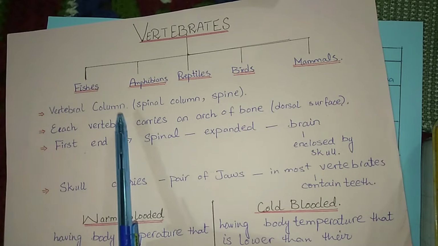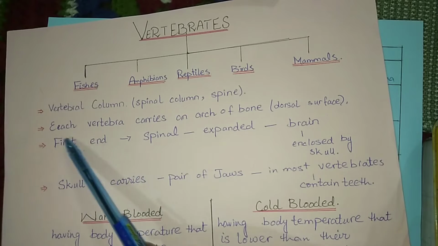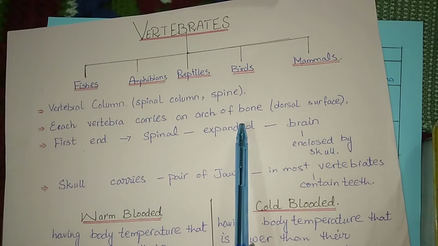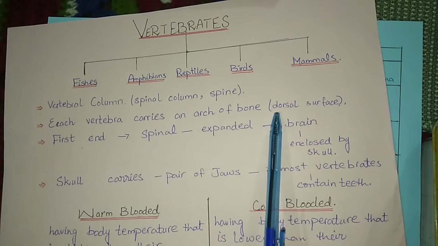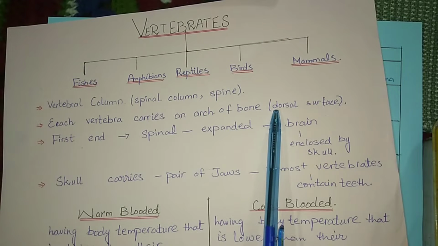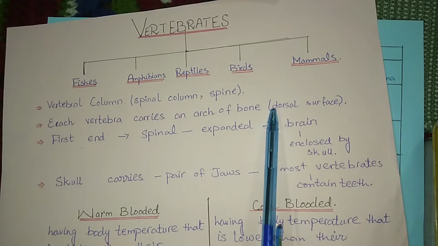Each vertebra carries an arc of bone on the dorsal side of the body. Dorsal surface means the upper, outer surface of the body, and the ventral one is at the lower or bottom of the body.